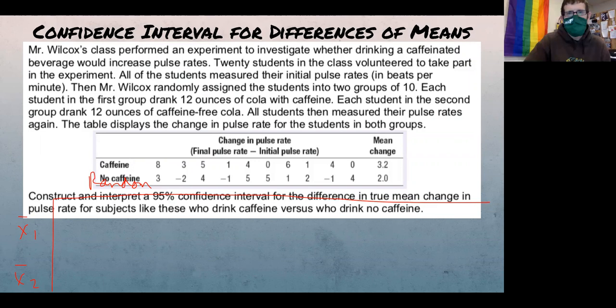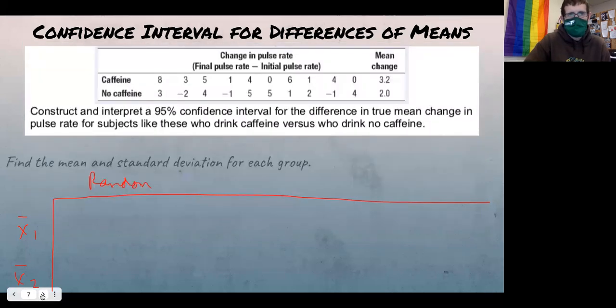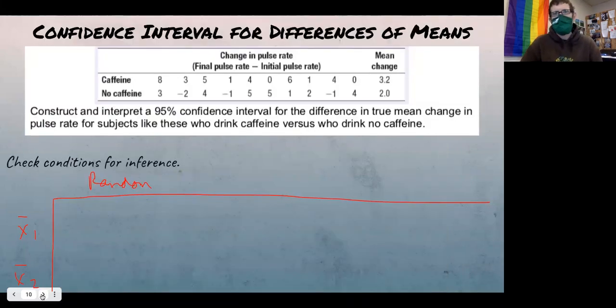Yeah, it says the 20 students in the class volunteered. The assignment here was random. And random assignment, so I would just say something to this effect: the treatments in this were randomly assigned. That can generally be considered okay because, think about that in terms of the actual experiments used in science in the real world.